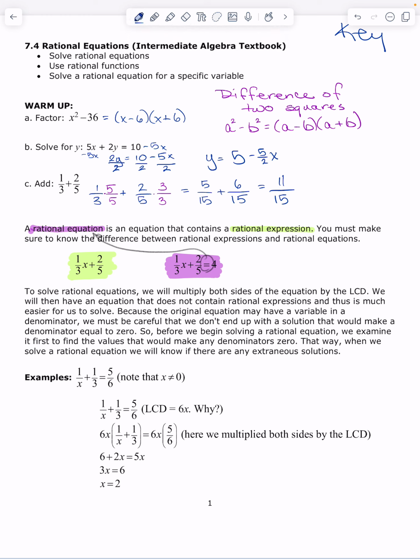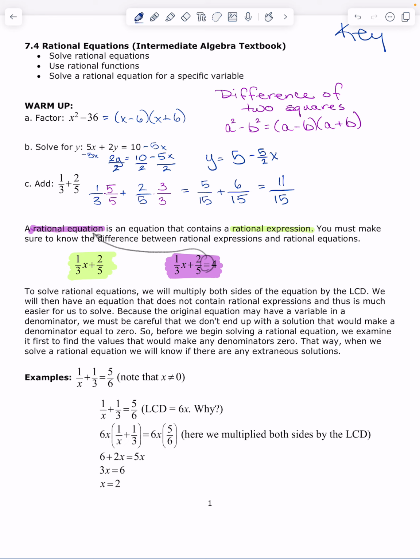Okay. Now, the first 2 pages of these notes walk you through the examples. I am going to point out a couple of other things. Okay. So this first example here, I've got 1 over x plus 1 over 3 equals 5 over 6. Notice, first thing they tell us is that x cannot be 0.